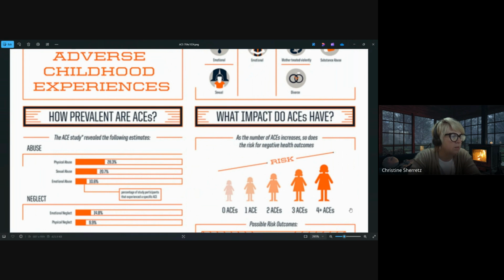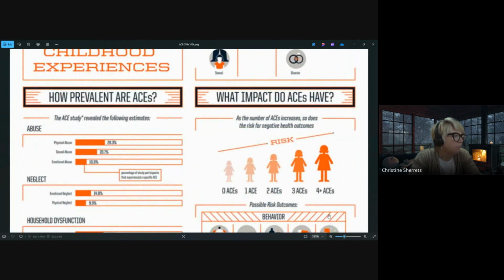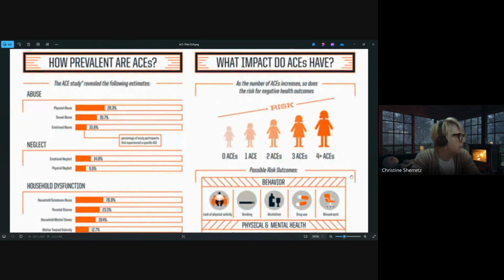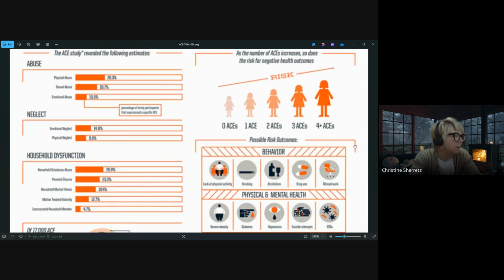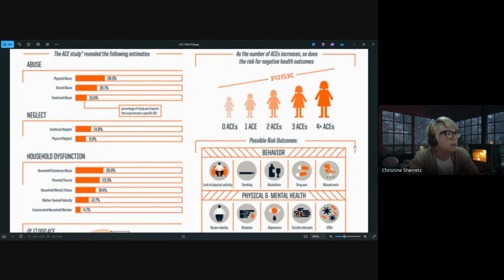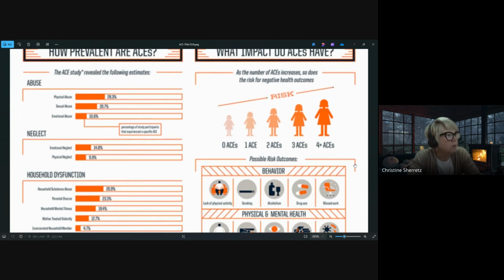And then we get into things like neglect, and you can see the numbers here, and household dysfunction. Now, this little chart's really interesting because you can take what we call an ACEs survey, which evaluates the number of ACEs that a person has.